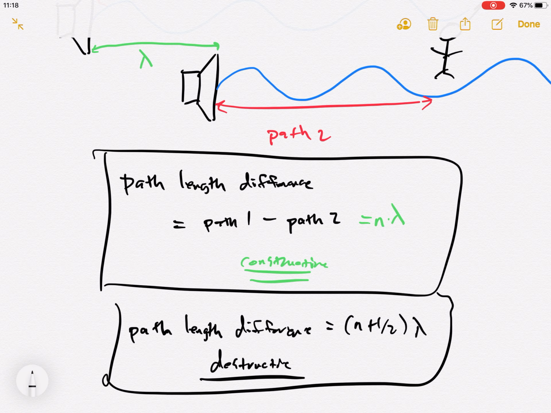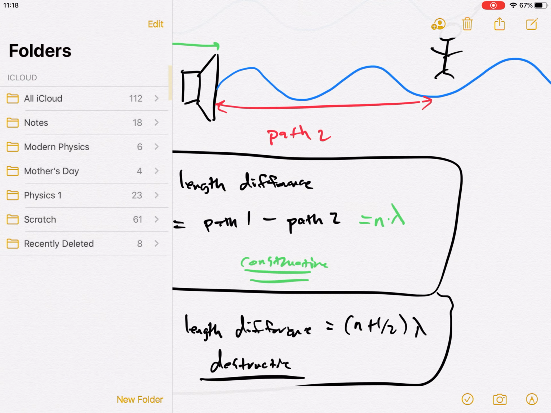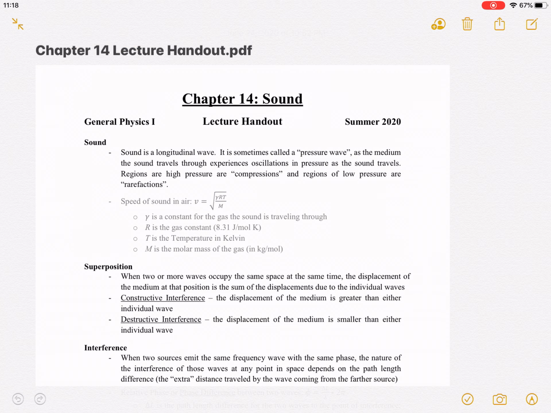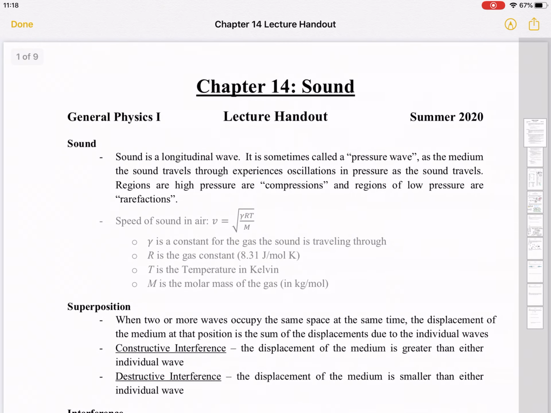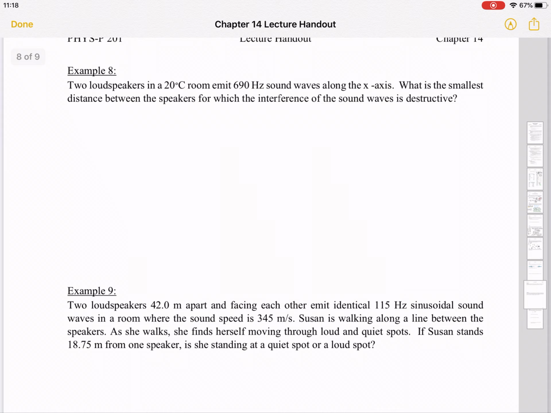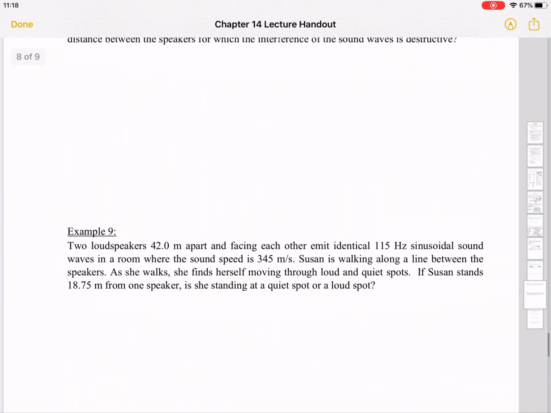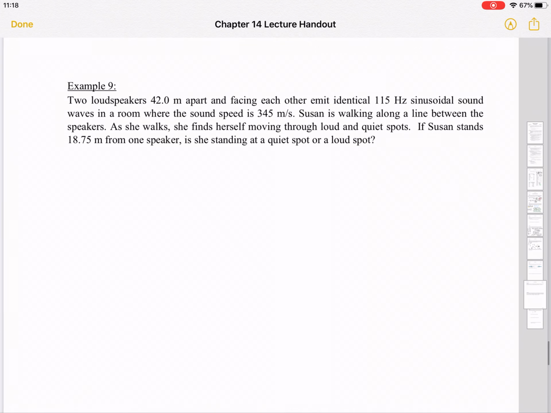Let's do example number 9. Two loudspeakers are 42 meters apart and facing each other, emitting identical 115 hertz sinusoidal sound waves in a room where the speed of sound is 345 meters per second.